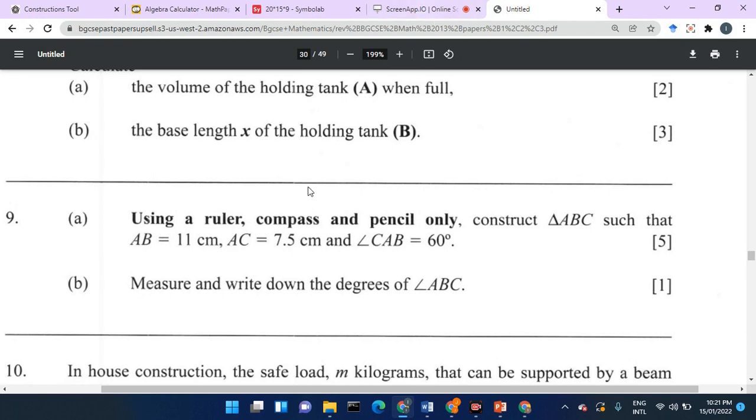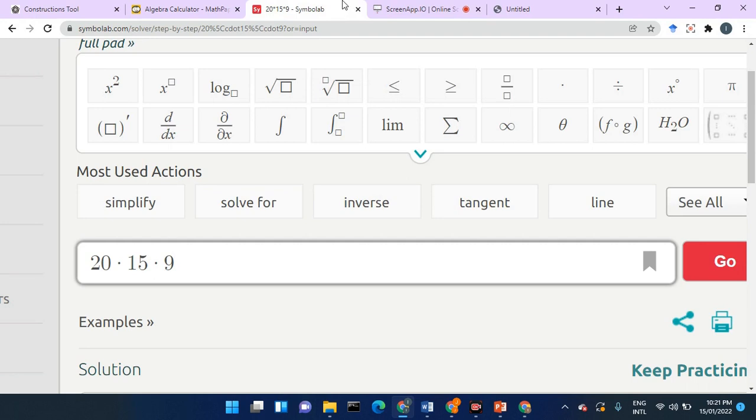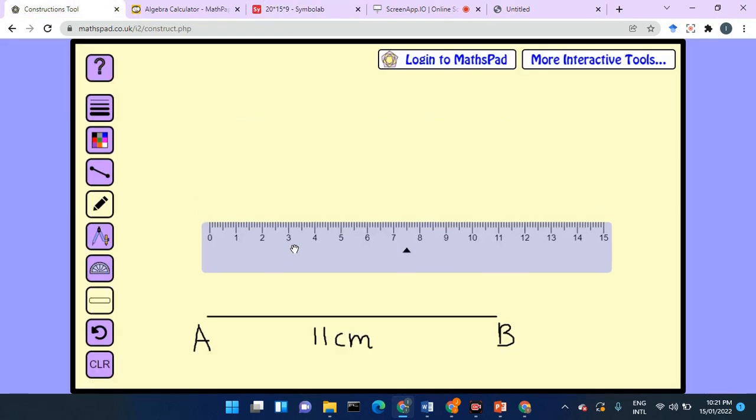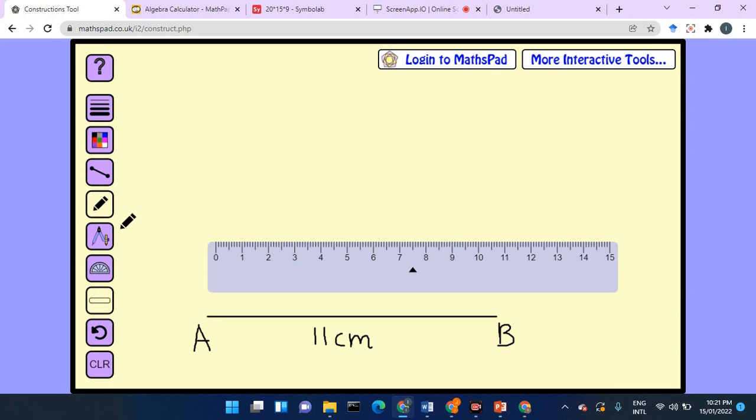So let's get our compass, and we're going to measure out 7.5 centimeters. We start at 0 and measure out 7.5 centimeters. That's right here. That's 7.5 centimeters, and we're going to lock that.